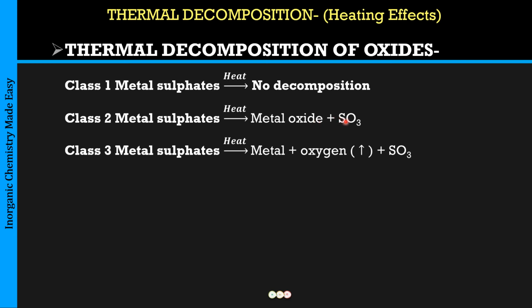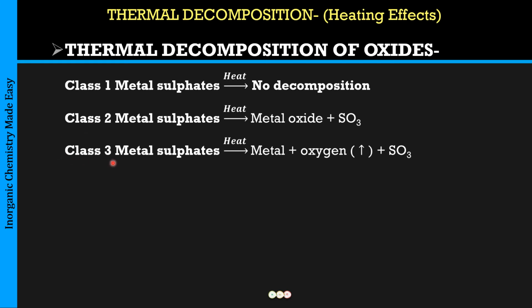What we learned in that lecture was that even if you increase the temperature beyond 800 degrees Celsius, sulfur trioxide breaks into sulfur dioxide and oxygen, but the metal oxide remains stable. So what do we deduce from here? That the metal oxides of class 2 metals are stable. They will not be decomposing. And that is what we have learned in this lecture.